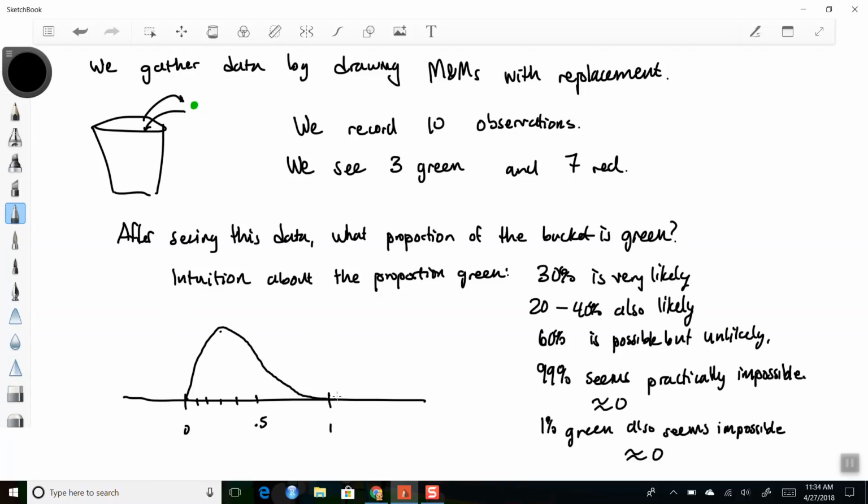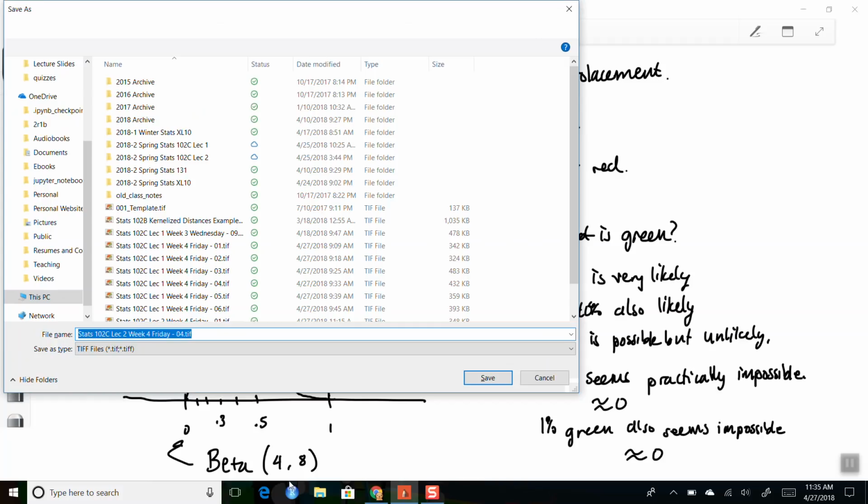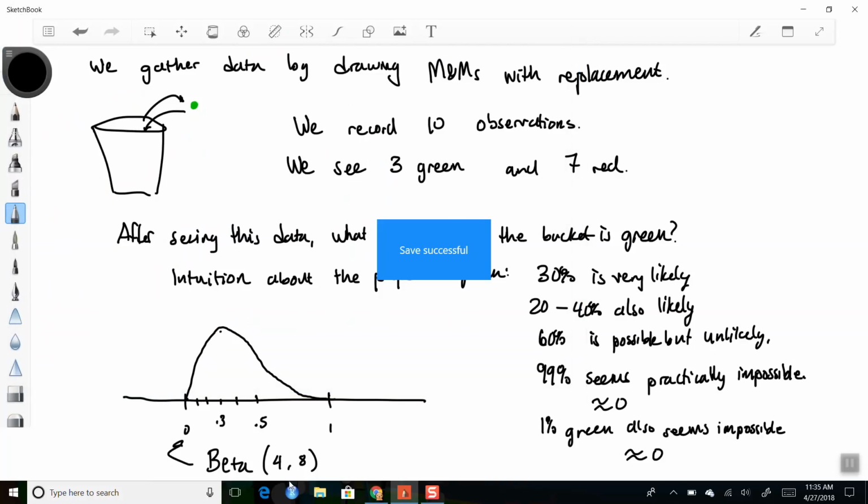The probability of drawing a green M&M is something like this. Centered at 0.3 is going to be our max, okay? And this itself is a beta distribution, okay? The beta distribution would probably have shape parameters 4 and 8. Don't worry about where those numbers are coming from just yet, but something expressing this shape is a beta distribution with just different numbers.